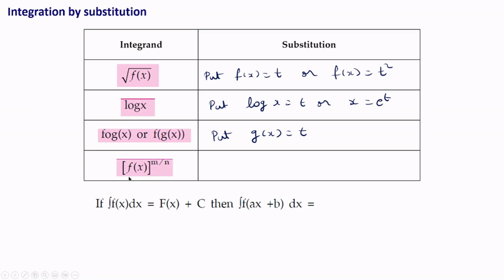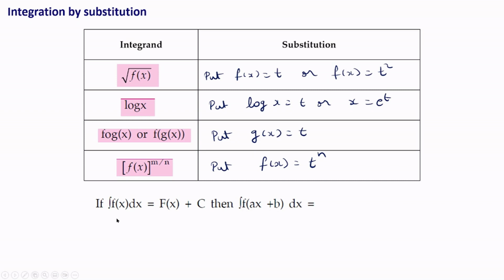And next, if the integrand is of the form f of x the whole raised to m by n, then we have to put f of x as t raised to n. So if we do such substitutions for such integrands, then we can find the integral of the functions quite easily.